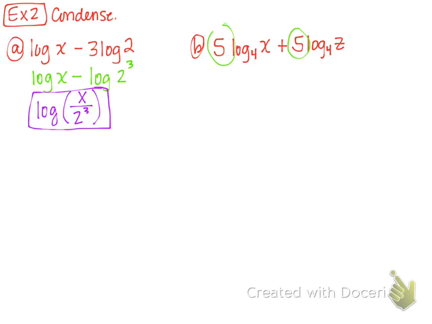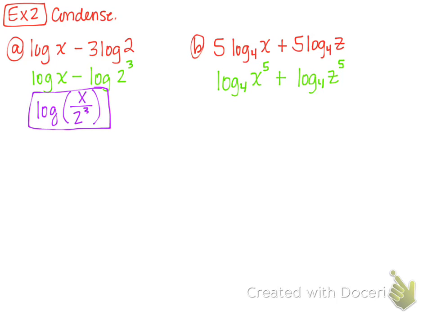That's going to come into play a little bit later. So let's go ahead and take those 5s and make those exponents. So we're going to have log base 4 of x to the 5th power plus log base 4 of z to the 5th power. So we took both of those numbers in front and made them exponents.